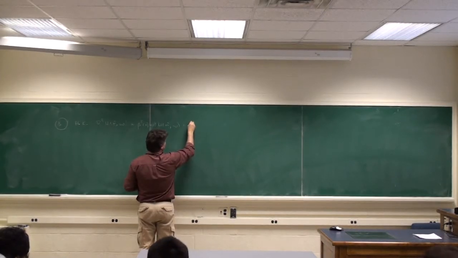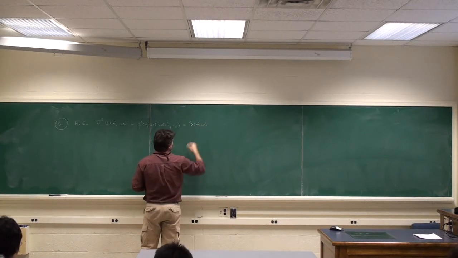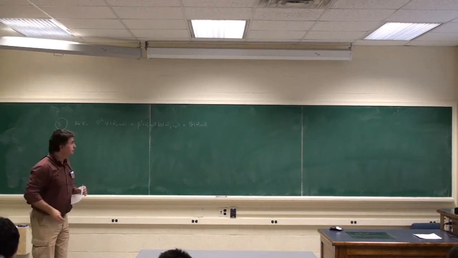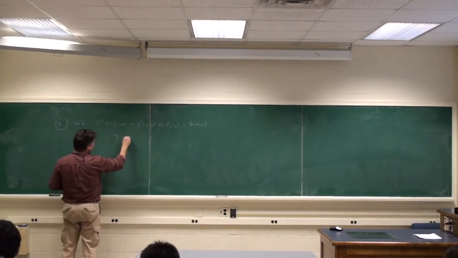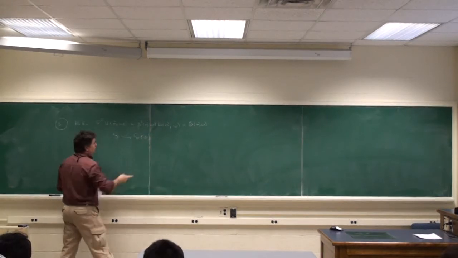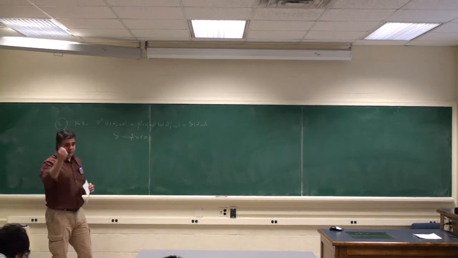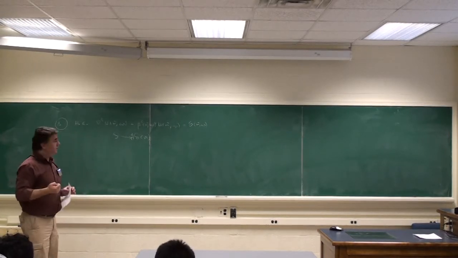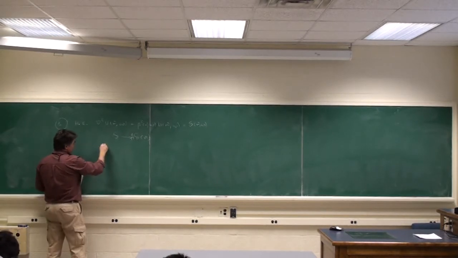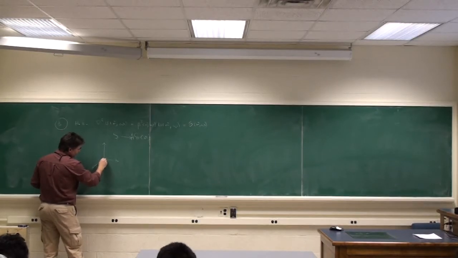We add a source here, right? There's no field unless I have a source. How do I solve any linear problem? I replace my source with a delta function in space. And let's say there is no omega, so it's an amplitude. This is a point source if you are in 3D. Right? So in 3D it's going to be a point source right here.